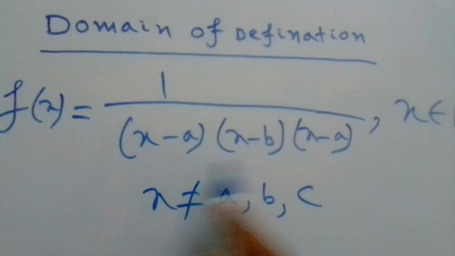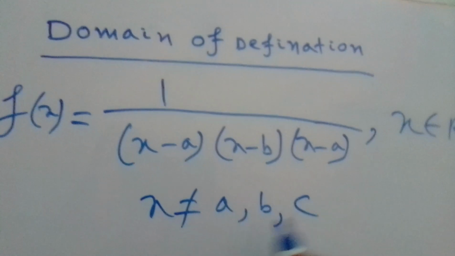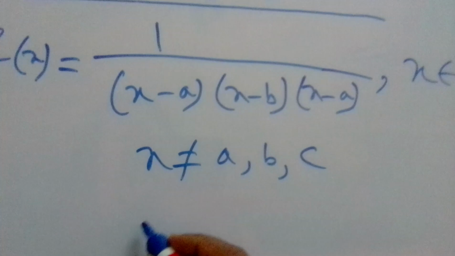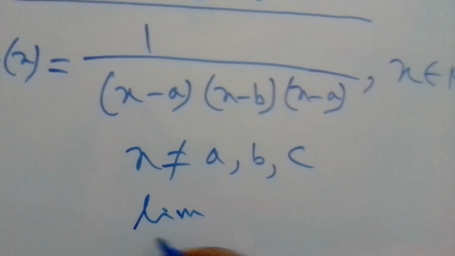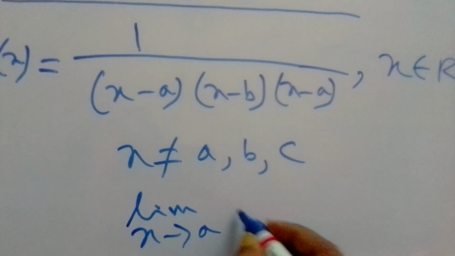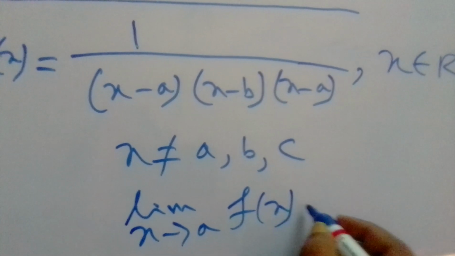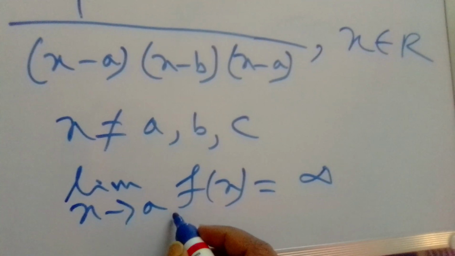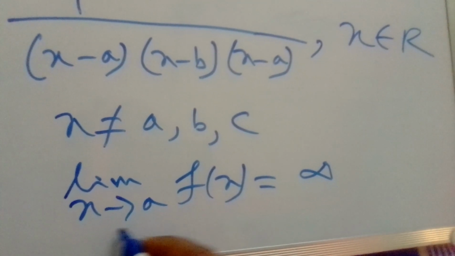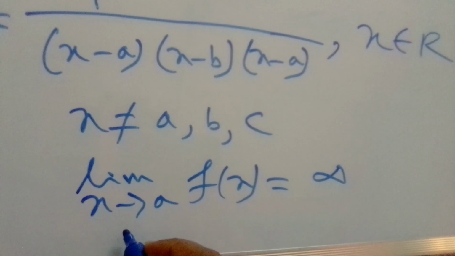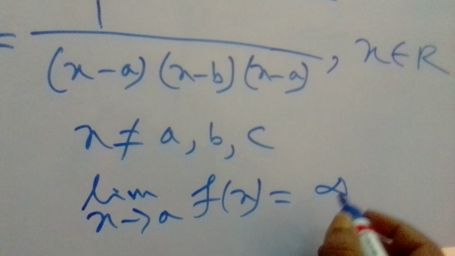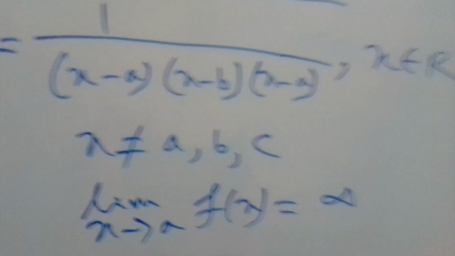Outside those points we define this result, and at any of those points, if we take the limit, it tends to infinity. If we test the limit as x tends to a of f(x), it will certainly be 1/0, tending to infinity, and likewise as x tends to b or c, whatever it may be.